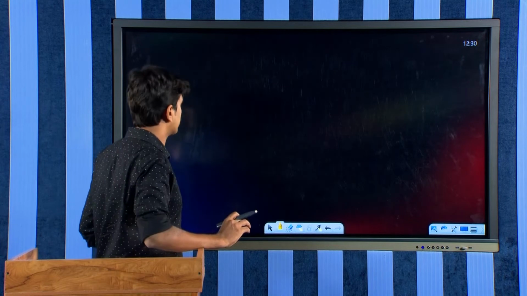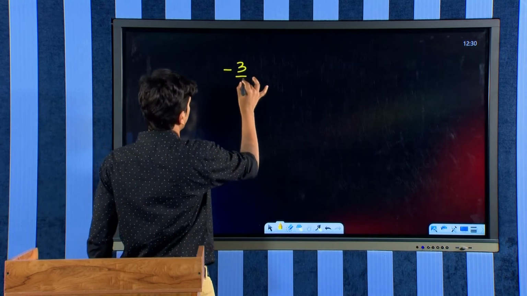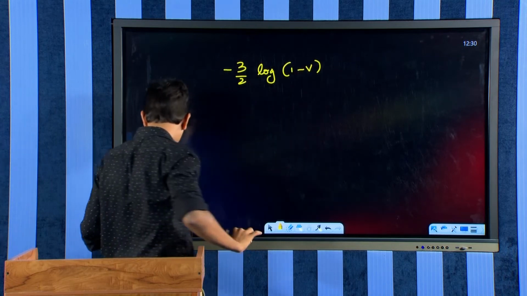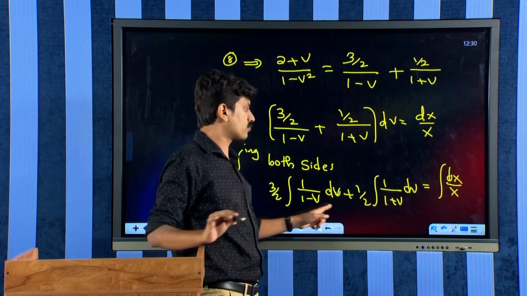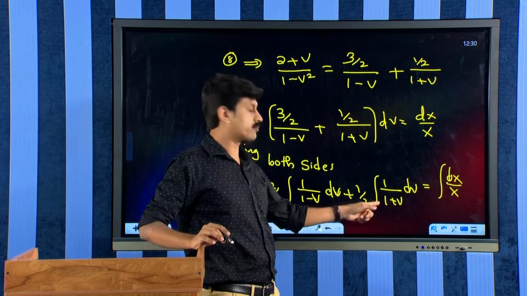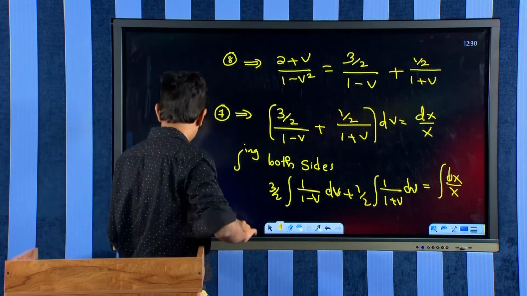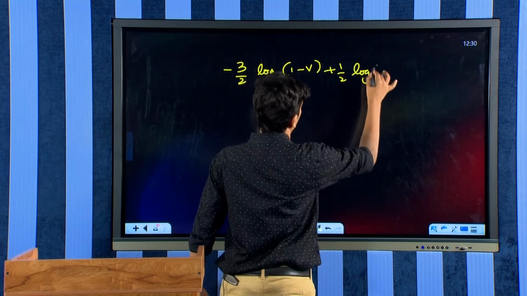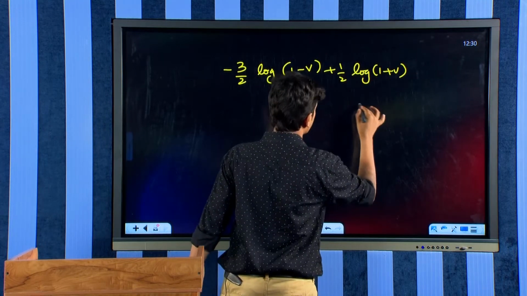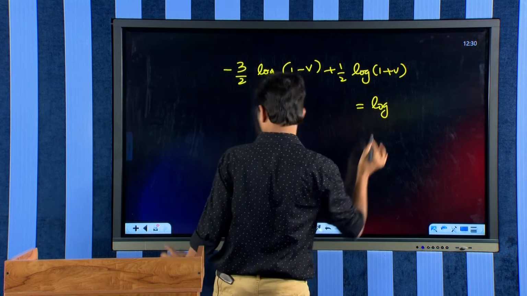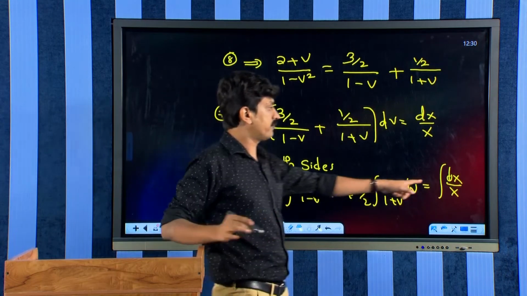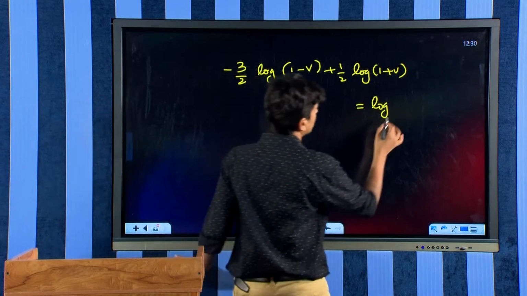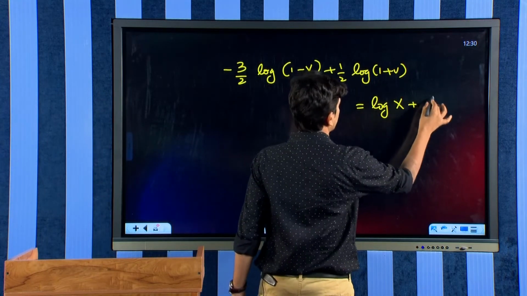So, while integrating, this is equal to minus 3 by 2 log mod 1 minus v plus 1 by 2 log 1 plus v is equal to log x plus the constant of integration, log c. Therefore, log x plus log c.